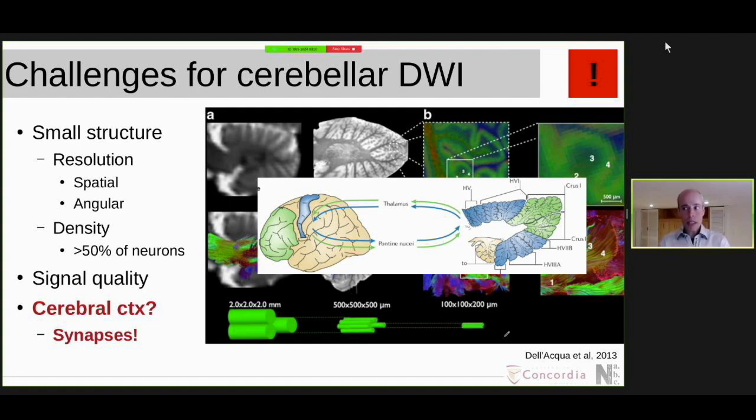While it's possible that these studies have been able to identify this type of loop, it's a multisynaptic loop, and diffusion imaging is really not optimized for multisynaptic track tracing. That is extremely problematic, and all of those studies have to be looked at with a very critical eye. Not to say that they're wrong, but just to pay attention to the details a little bit.